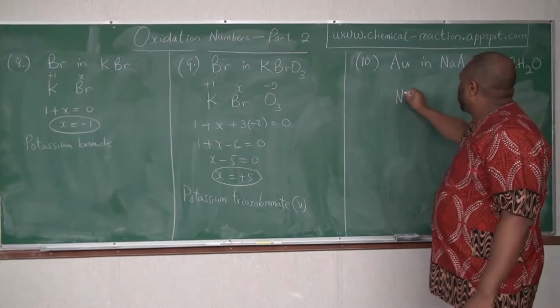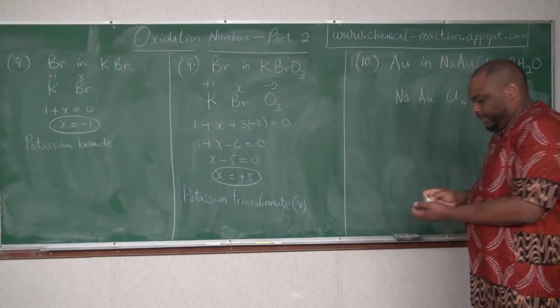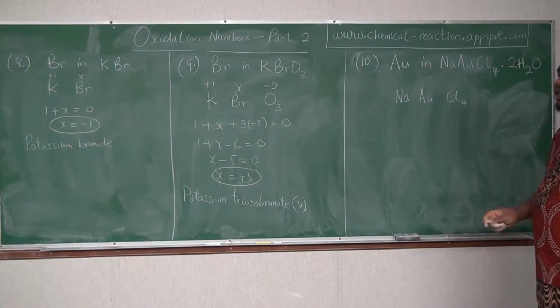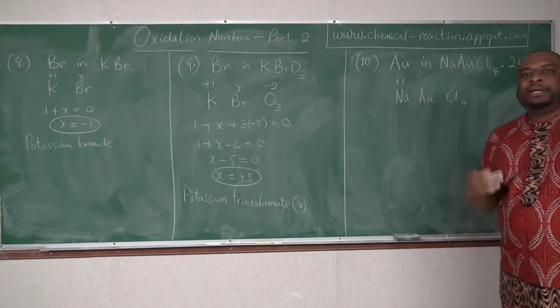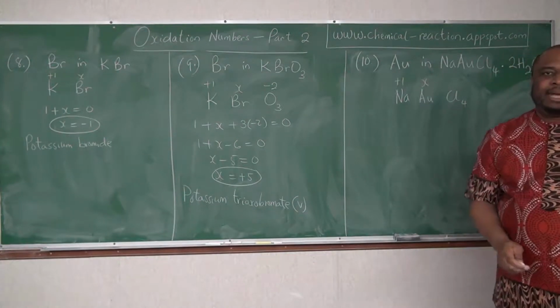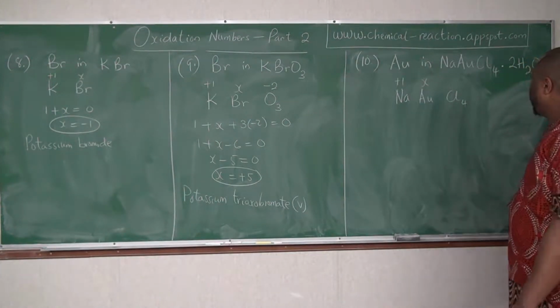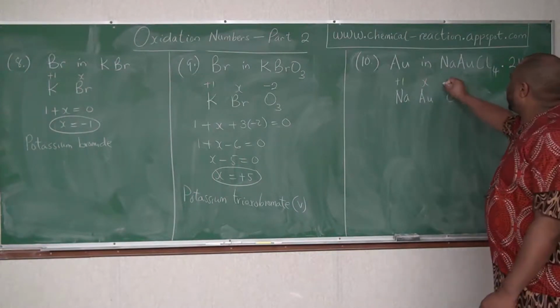So we write it out: sodium, gold, chlorine. The oxidation number of sodium is +1. Let the oxidation number of gold be X. And then the oxidation number of chlorine is -1.